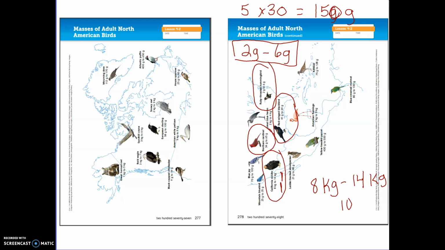Right here. All right, it's between 58 and 100 grams, and 80 is in there, so that will work. The blue jay, right here, that one's 70 grams to 100 grams, and we came up with 80. And another one could be the blue-crowned motmot or the killdeer. So sometimes our problems can have more than one answer.